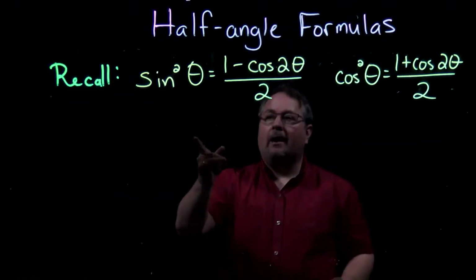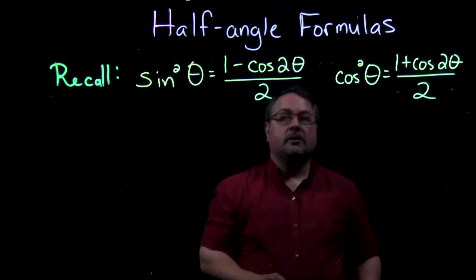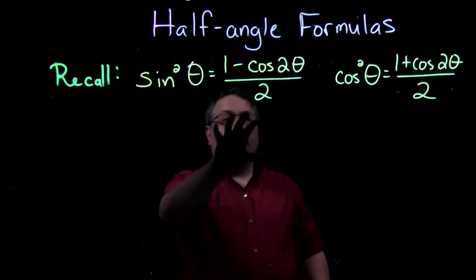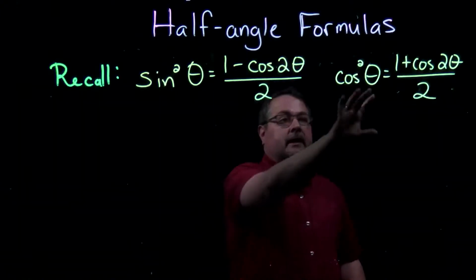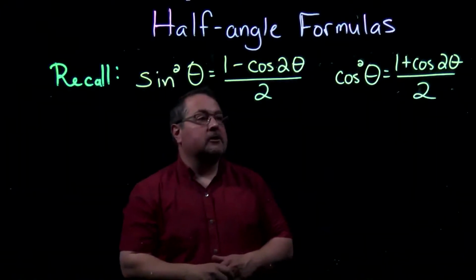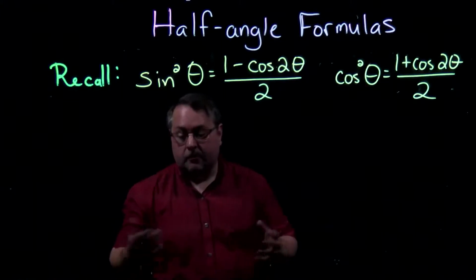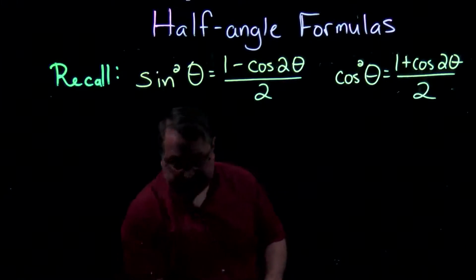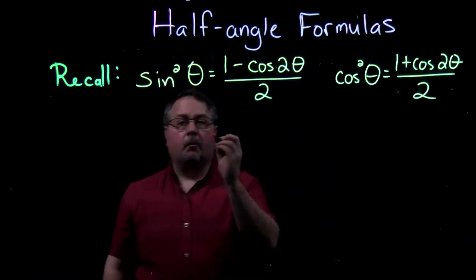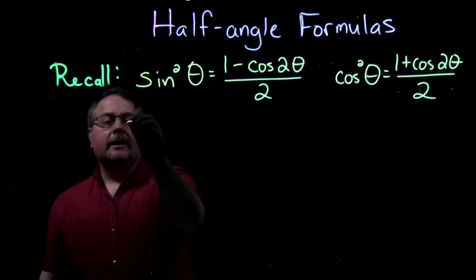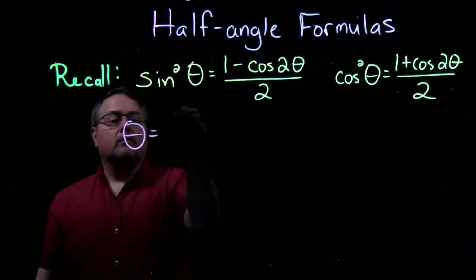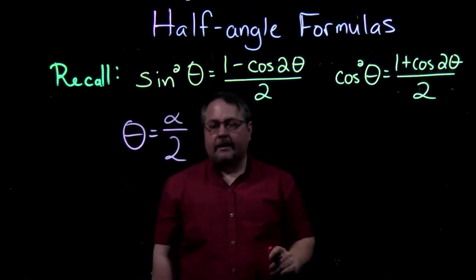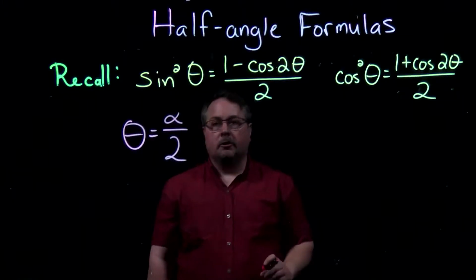These were our power reduction formulas for sine and cosine. This was a way to express sine squared theta in terms of cosine 2 theta and to express cosine squared theta in terms of cosine 2 theta. What we can do with this is perform a substitution where instead of thinking about theta, we let alpha be some angle, and theta is going to be the angle alpha over 2.